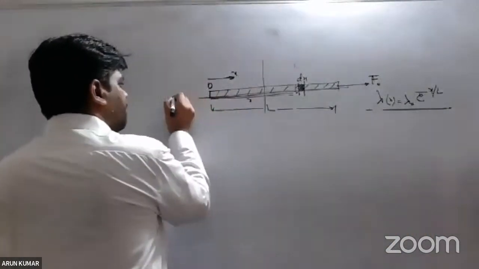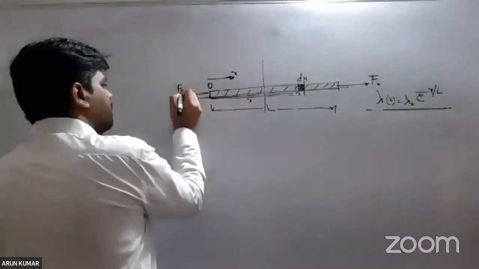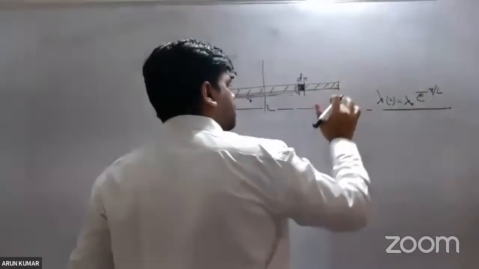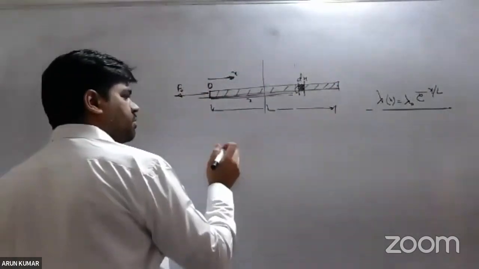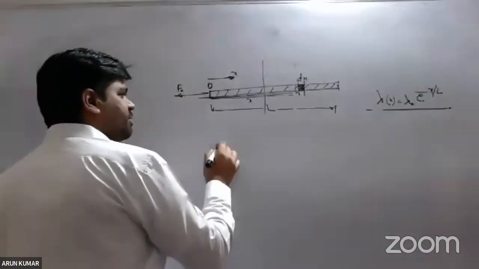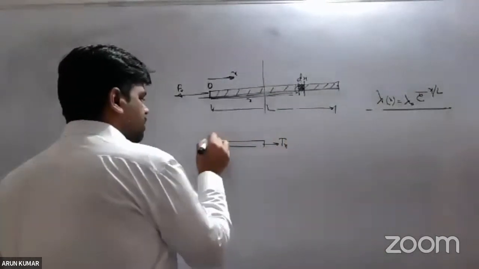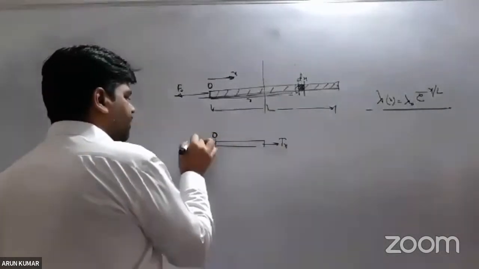Again, I section it. I'm applying the force over here. So I section it like this. Tension Tx, this is origin, this is F0.